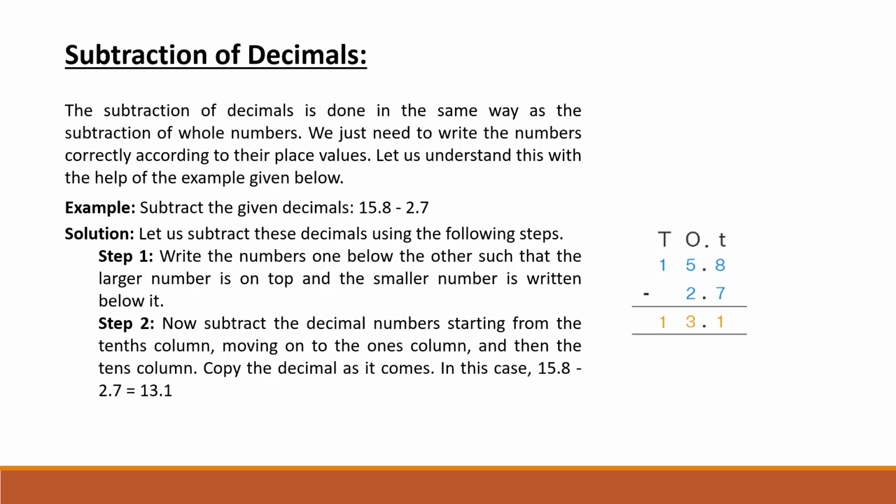Step 1, write the numbers one below the other such that the larger number is on top and the smaller number is written below it. Now subtract the decimal numbers, starting from the tenths column, moving on to the ones column, and then the tens column.